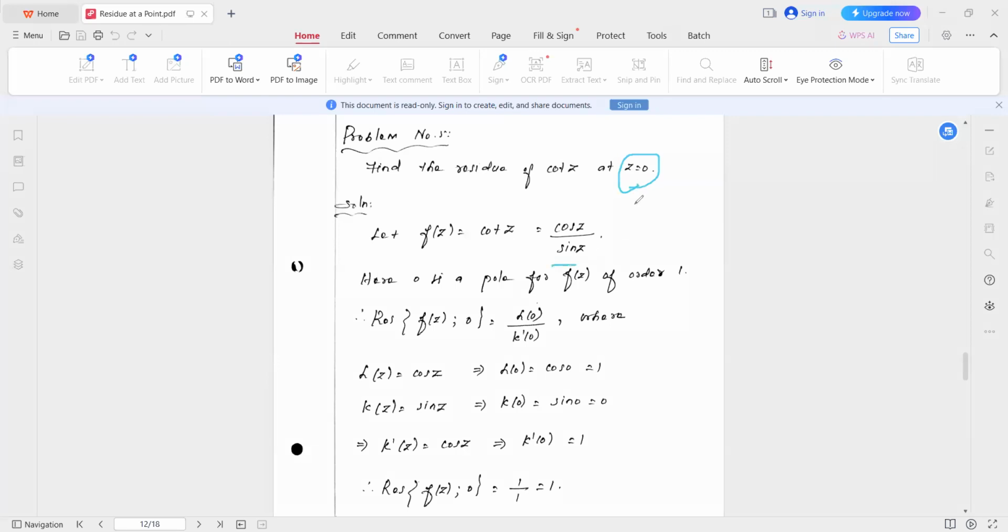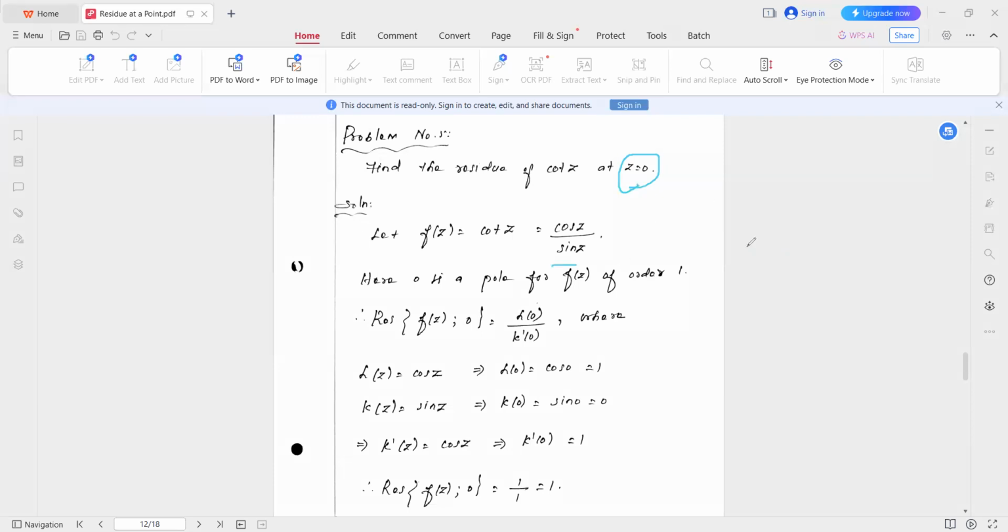So sin z, clearly 0 is a pole for f of z of order 1. What are the poles of f of z? The poles are the zeros of sin z, all n pi z, isn't it?